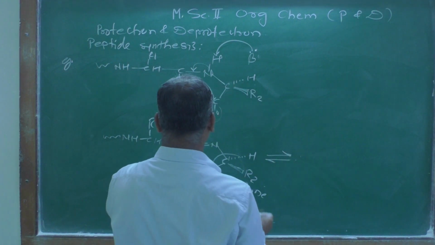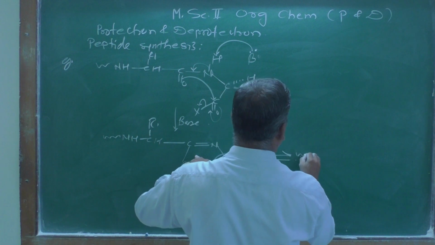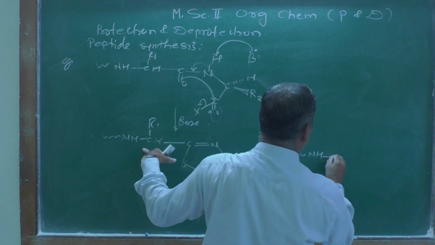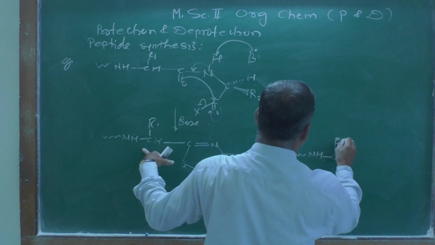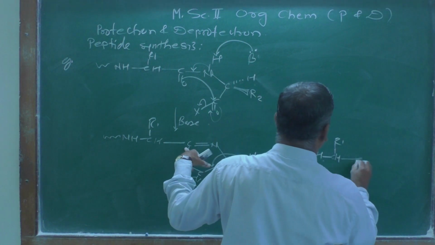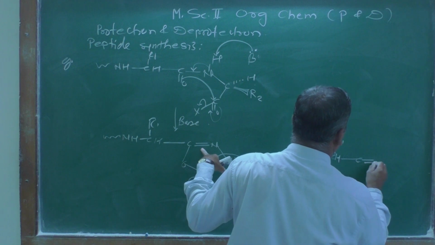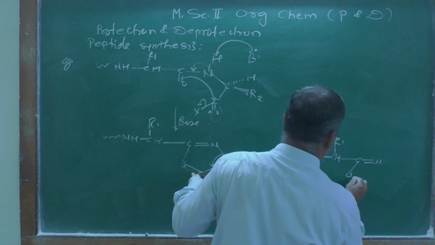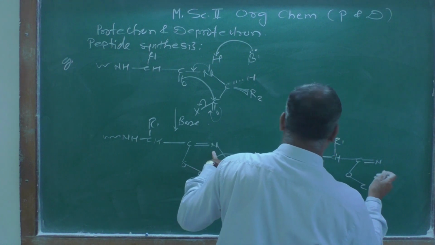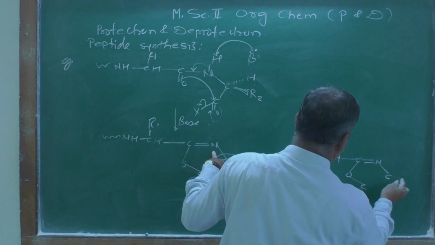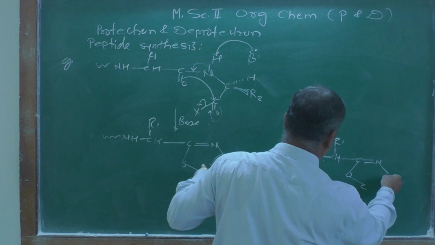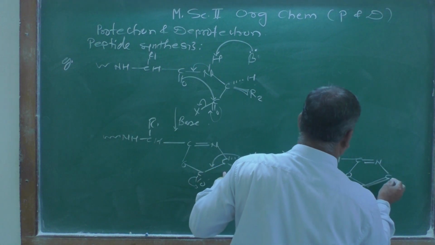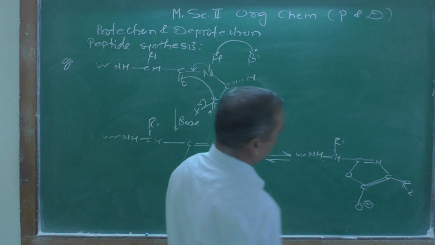This C forms a double bond here, with O minus, and this R2, right?